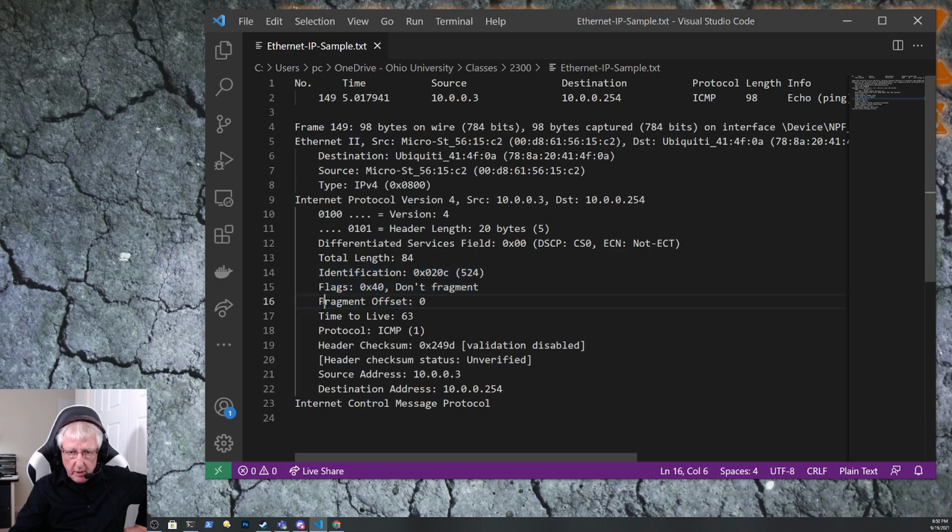There's this fragment offset field that basically tells me this is the first or the third or the fifth or whatever piece that this thing was cut up into, so the receiver can put it back together properly.